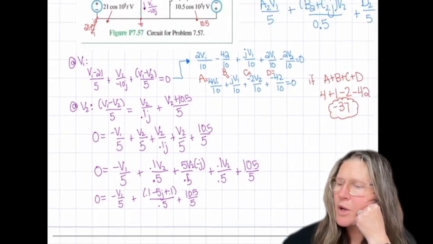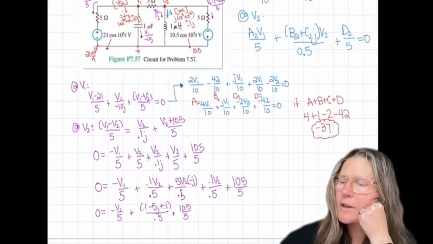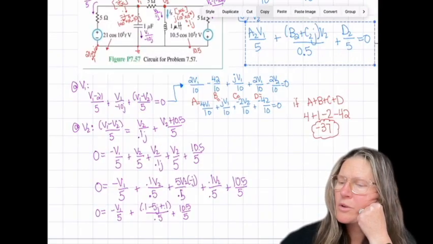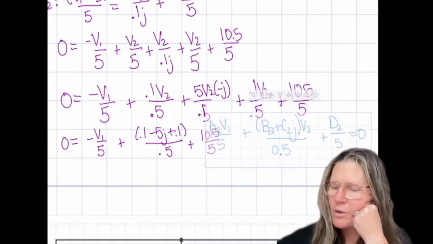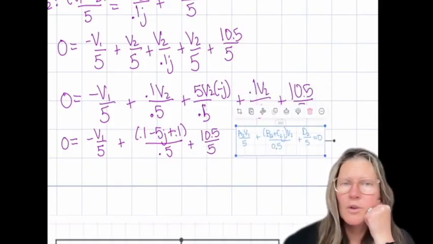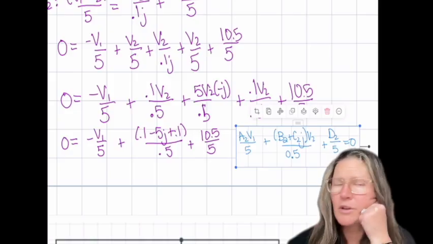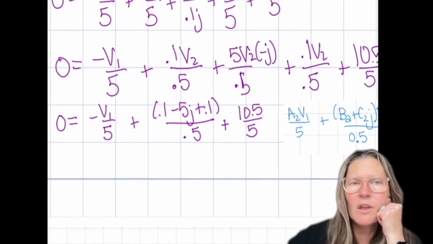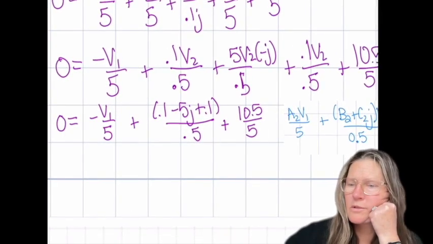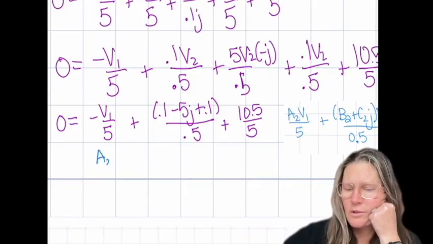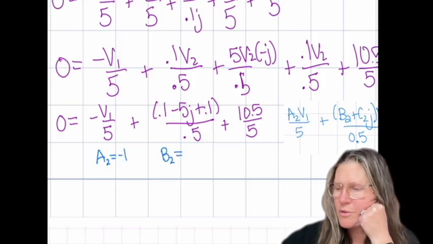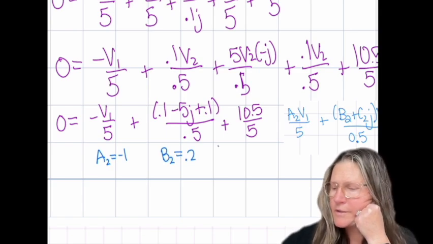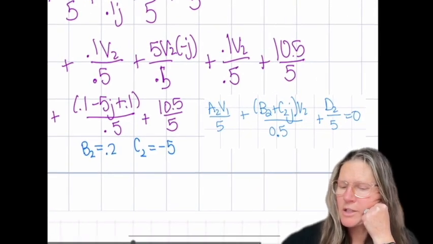So in the form of this, that means that A2 is going to be minus 1, B2 is going to be 0.2, and C2 is a minus 5, and then D is a 10.5.